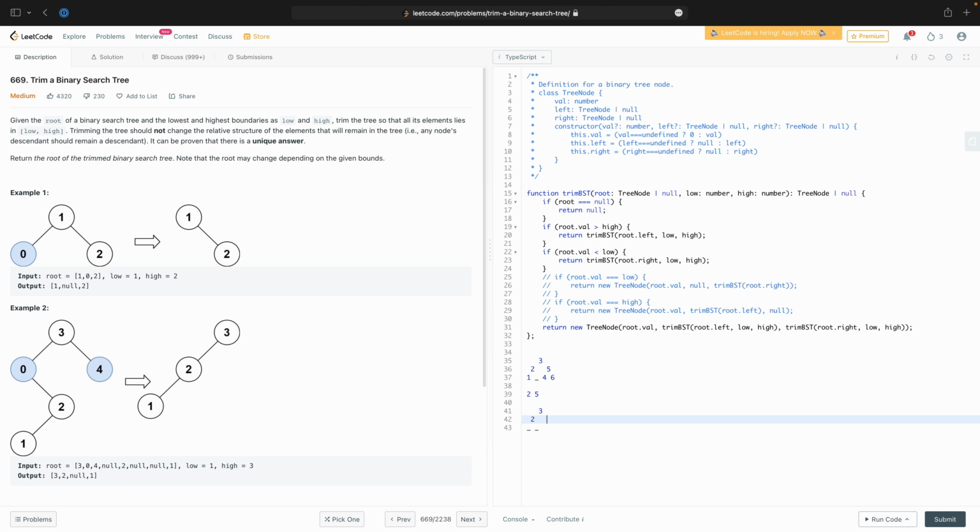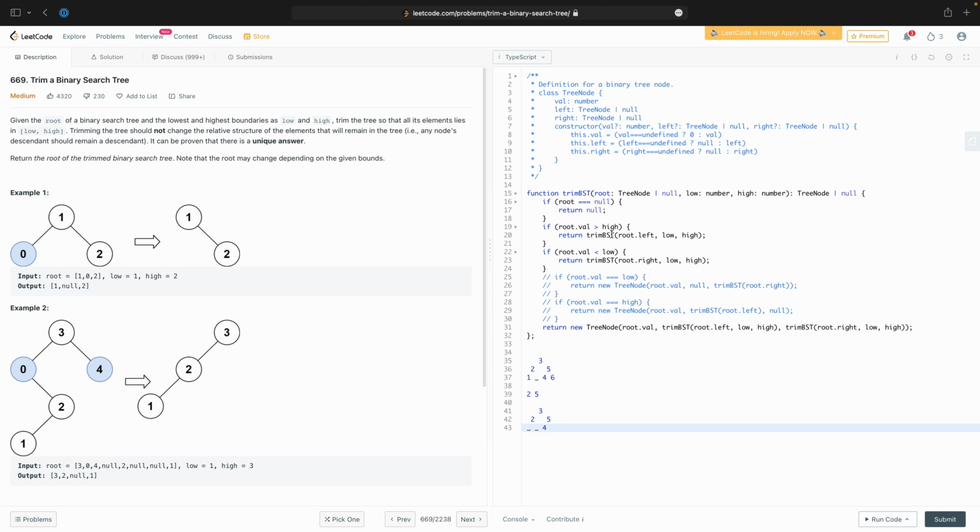Now back up here, we're looking at the 5. 5 is not above the high value, it is the high value, so we're going to continue into its subtree. 4 is within bounds, so we're going to recurse, but both of its children are null, so it's just going to come back like it is.